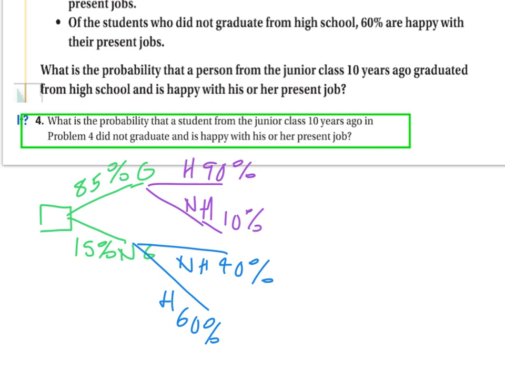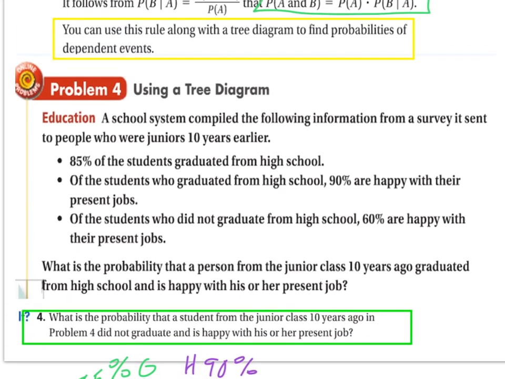So that's what our tree diagram looks like. And their question is, what is the probability that a person from the junior class 10 years ago graduated from high school and is happy with his or her present job? So again, they have their formula. If I can scroll back up here.